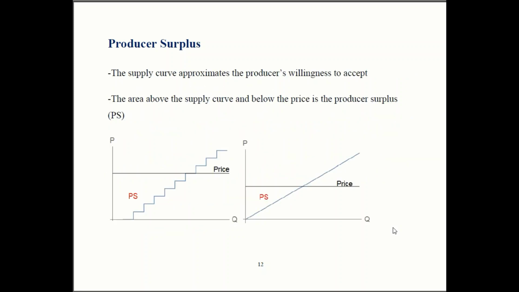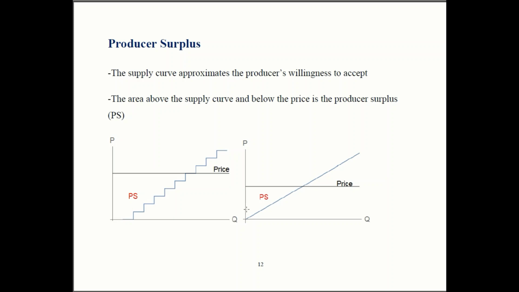Now, just as the demand curve approximated the consumer's willingness to pay, so also does the supply curve approximate the seller's willingness to accept. So you could draw a table like we had earlier, and then you get this staircase supply curve, kind of like we had in the previous episode for demand.